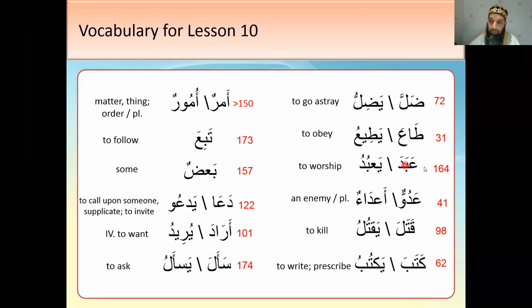Abdullah, ibadah, ibadillah. Aduwun is enemy, a'da'un is plural. I'm sure we've done qatala before, but it's in again. Qatala yaqtulu, to kill. And this one we've done so many times now, kataba yaktubu, to write, to prescribe.